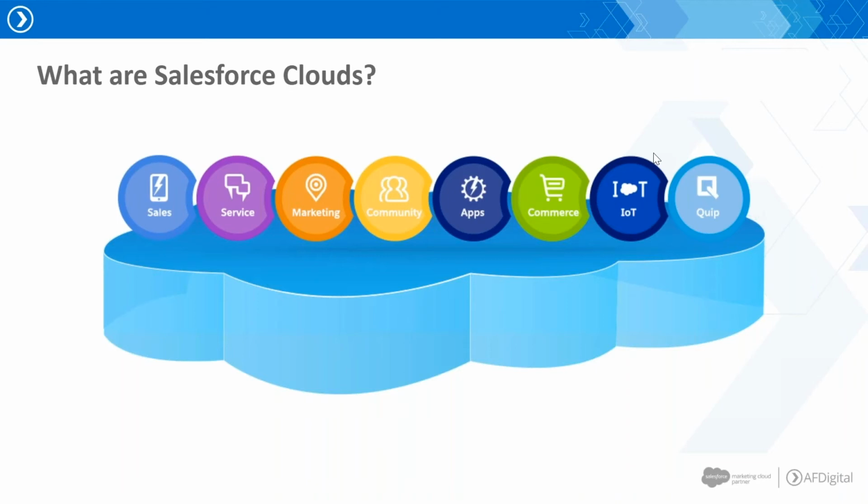There are also other apps that are available in AppExchange, which also use and are part of the Salesforce platform. Therefore, anything and everything in this slide seamlessly integrates or works very well together. That also includes IoT and Quip. Quip is a team collaboration tool.